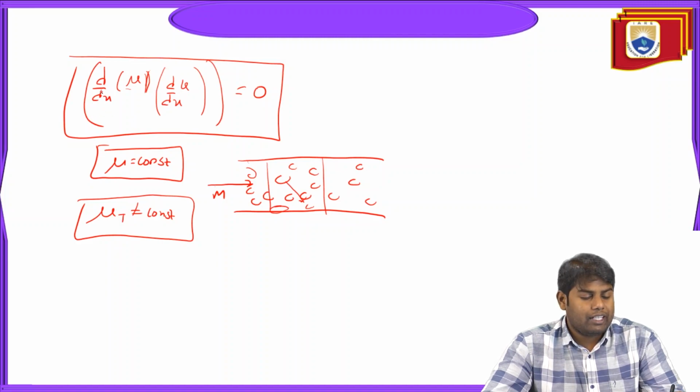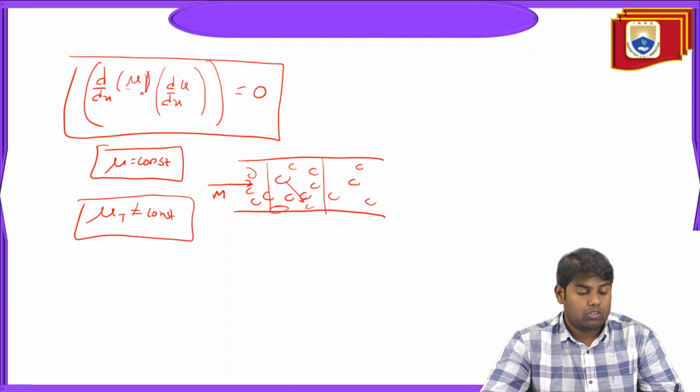Now what is happening actually? So when you take this d by dx of mu, d by dx of u, and we want to apply this finite volume method, what do we take?